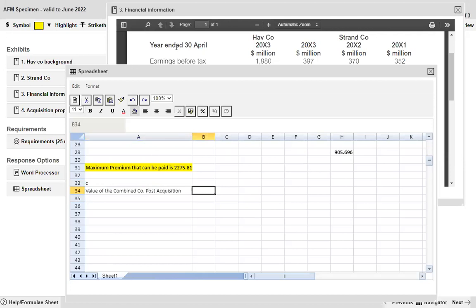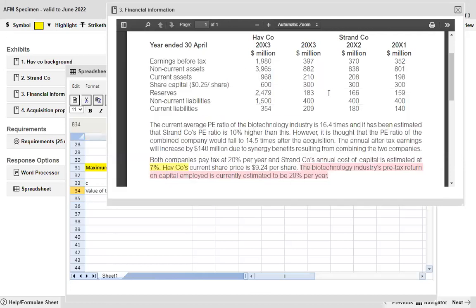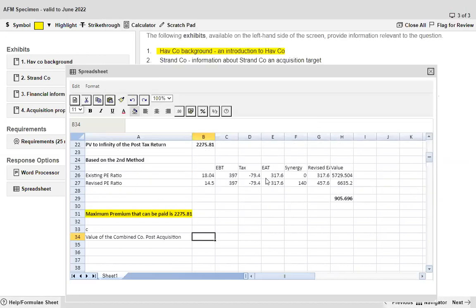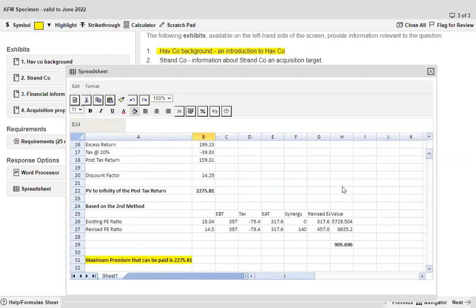So what is it that you need to do? You need to calculate the value of the combined company post acquisition. You can see the final part of the previous calculation here.